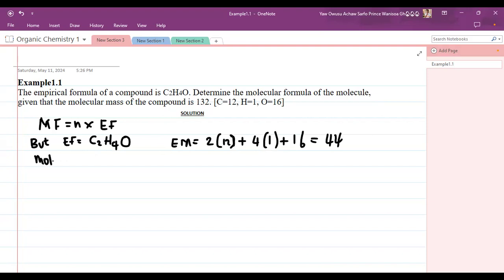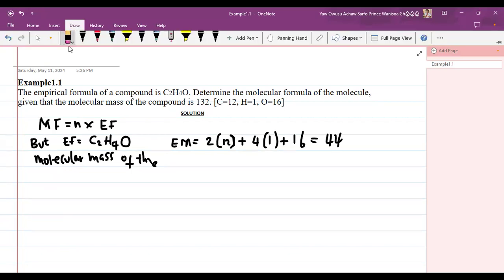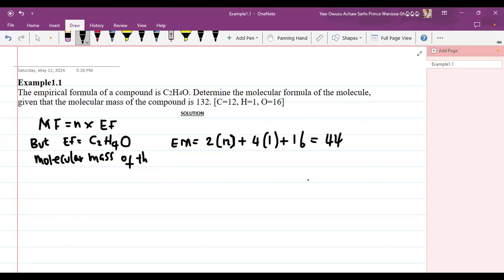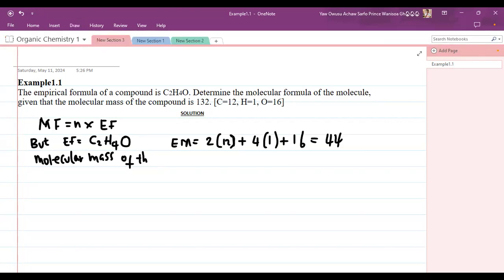But the molecular mass of the compound is 132.